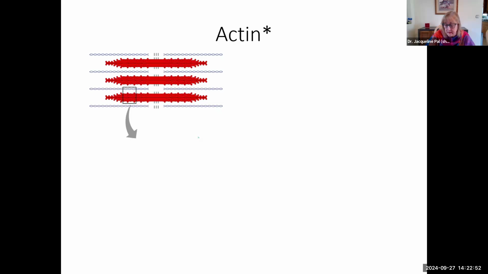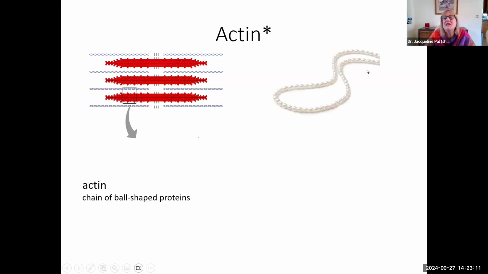But actin's got a surprise for it. And I put actin with a star behind it because actin isn't just actin. It's actin plus two other regulating proteins. Actin by itself is like a string of pearls. They're little ball-shaped proteins.